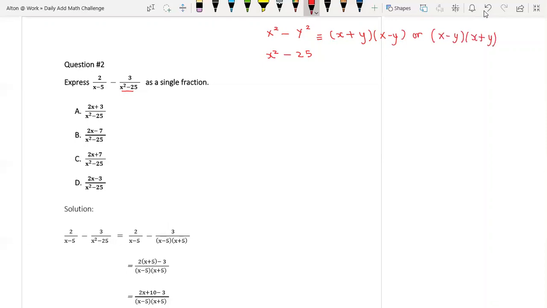Now, how do you get your x and y? You must express each term as a square. Now, x is already squared, but 25 isn't, so it must be expressed as 5 squared.